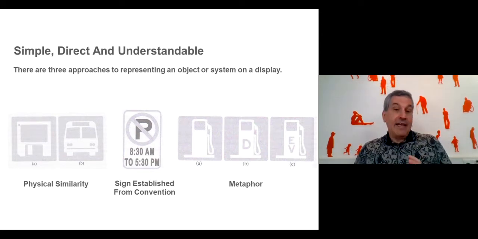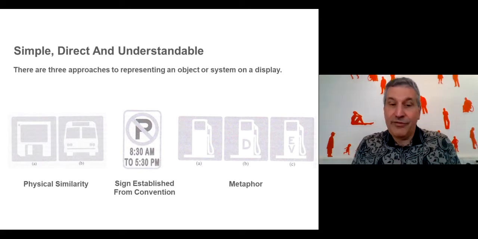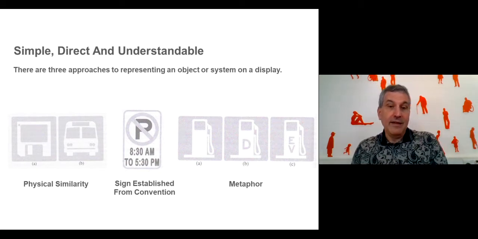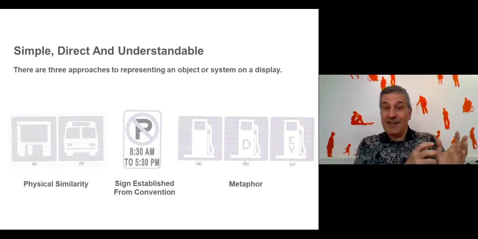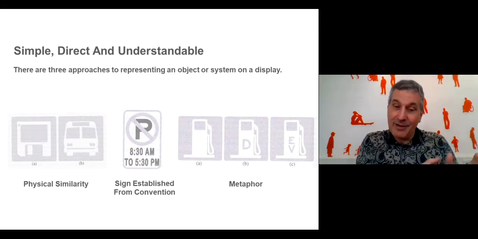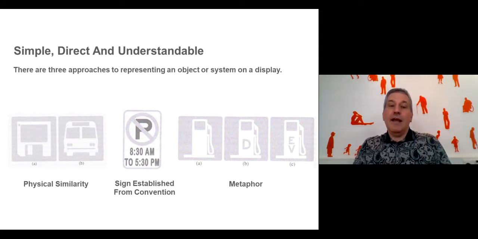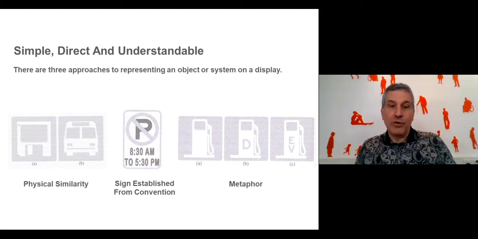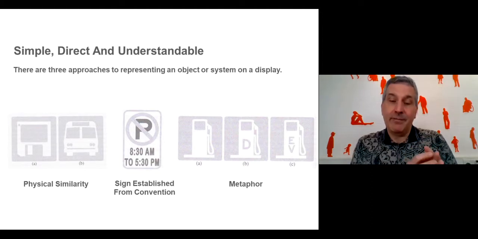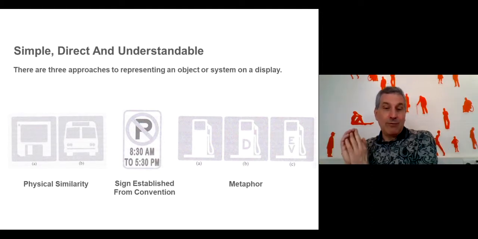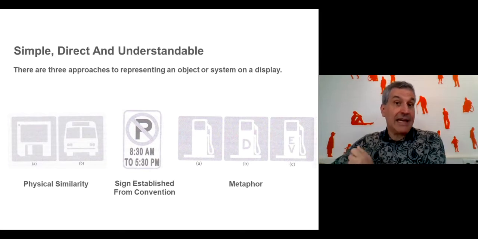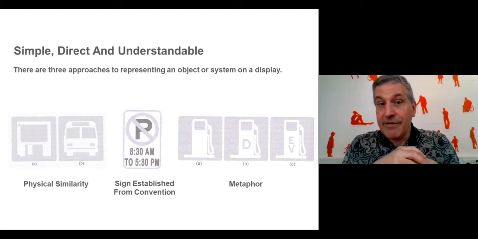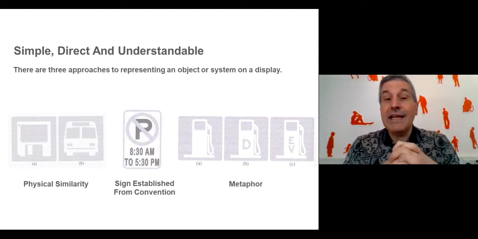So if the thing is new and there is no standard, there is no background, the people don't have any experience yet with the thing, we can certainly take a picture of something or draw an image of something that resembles it to a degree, and we can use that shape and that image to say something, maybe add some words to it, and we'll capture the physical similarity, and hopefully that will translate into people's minds to recognizing the artifact. Another, the second of the three possibilities, is convention.